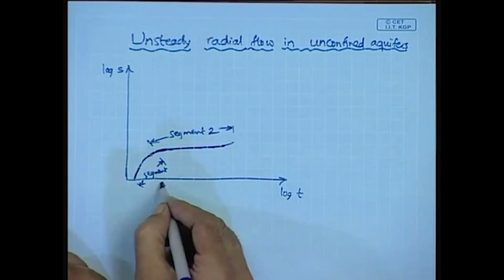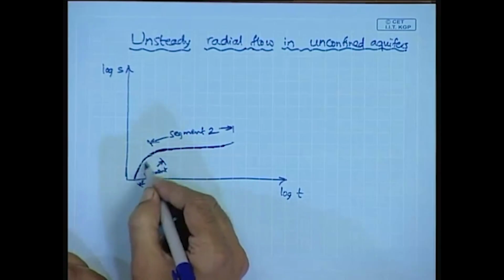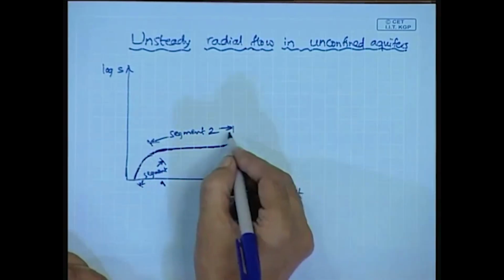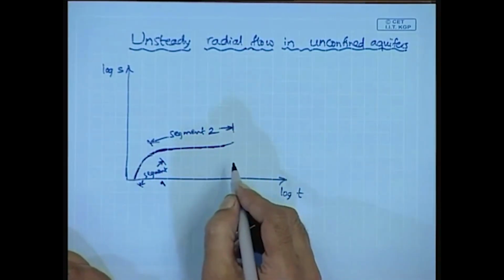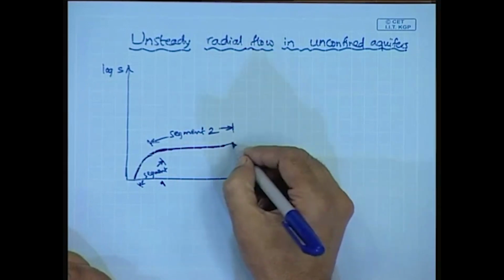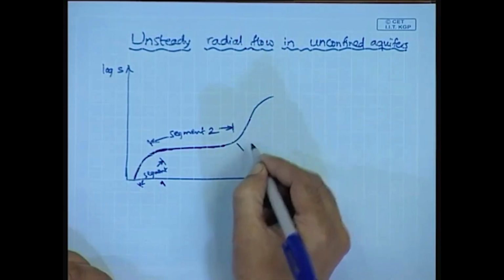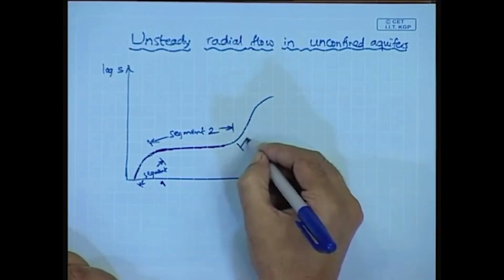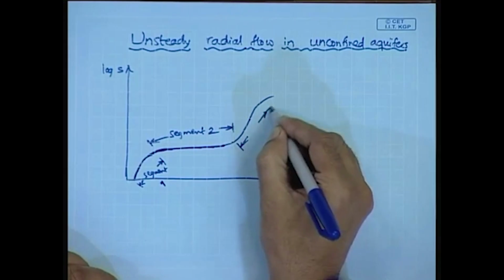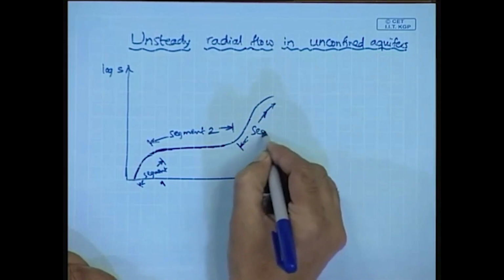Segment 1 having a relatively steep slope, then segment 2 having a relatively flat slope, then again the third, segment 3.